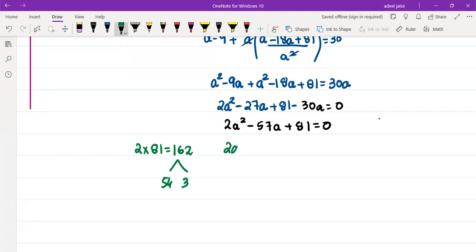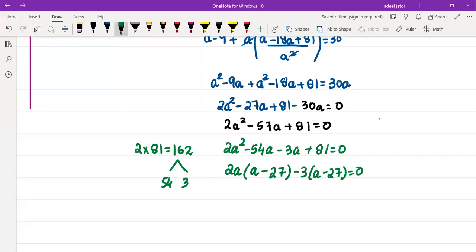So this should be 2A square minus 54A minus 3A, because minus 54A minus 3A becomes minus 57A, plus 81 is equal to 0. 2A is common, you're left with A minus 27, that is 54 divided by 2, minus 3, A minus 27 should be equal to 0. So 2A minus 3 is equal to 0, A minus 27 is equal to 0. A is equal to 3 upon 2 and A is equal to 27.